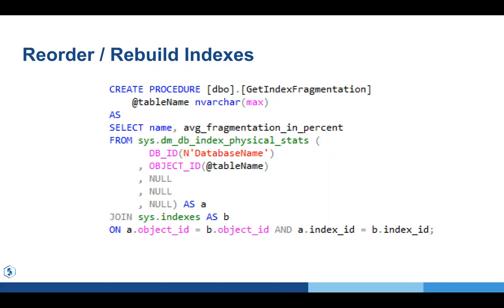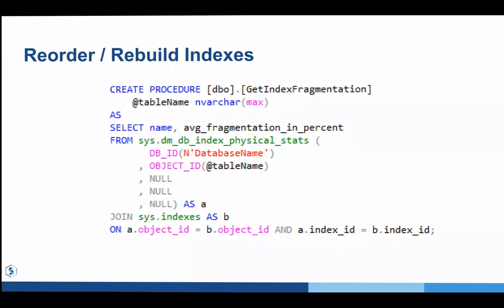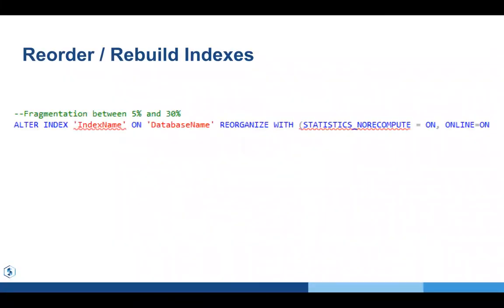And with this information, then we can go and alter our index. We are going to use REORGANIZE when our fragmentation is between 5 and 30%.